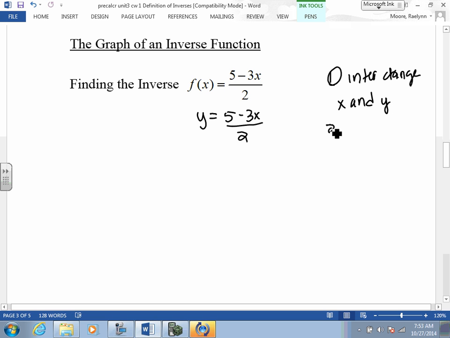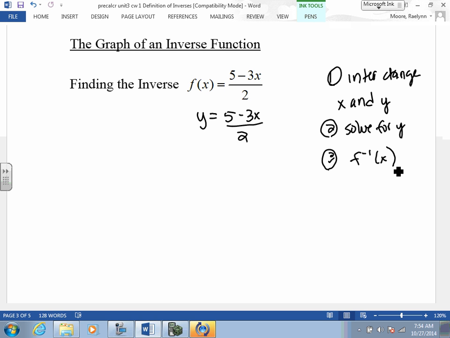And then you're going to solve for y. And then lastly, we're going to make y the f to the -1. We're going to make it an inverse. Since we're finding the inverse, it has to be the inverse, unless we make a mistake. So first step, interchange your x and your y.